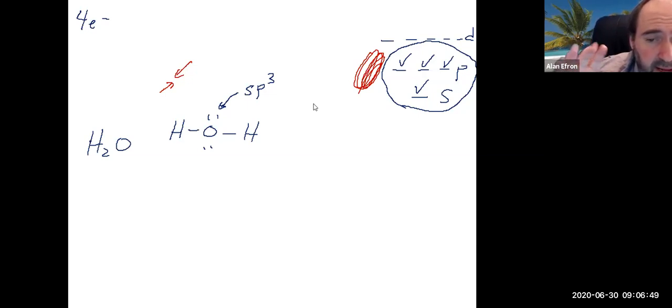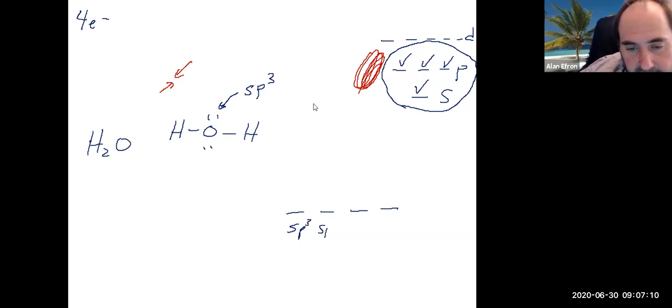That's because I combine 1 s orbital and 3 p orbitals, which gives me a grand total of 4 atomic orbitals. And those 4 atomic orbitals are going to get me really 4 equal, in terms of energy, hybrid orbitals, which are all sp3.